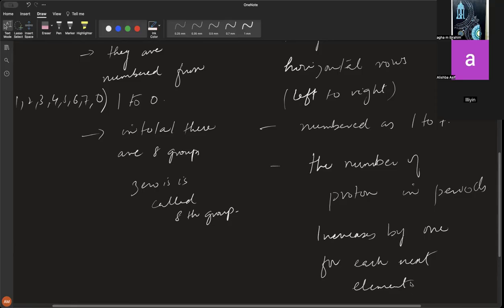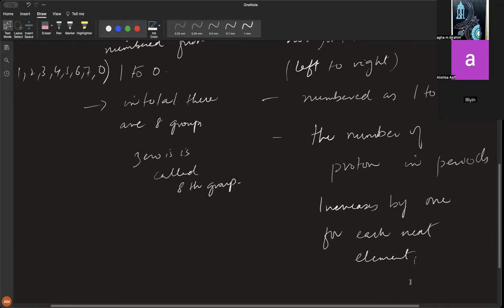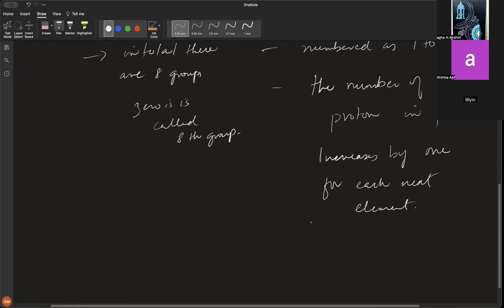What do we mean by that? If you look at boron, boron is in the third group. Boron is 5 and 11. Carbon is 6 and 12. Nitrogen is 7 and 14.